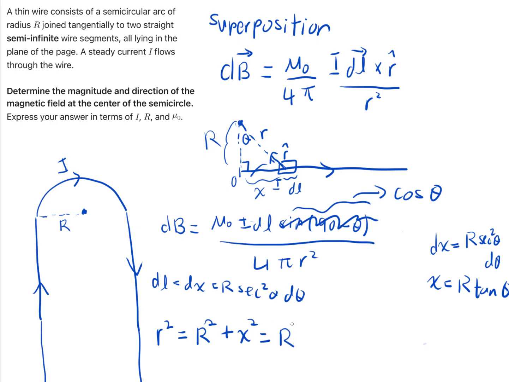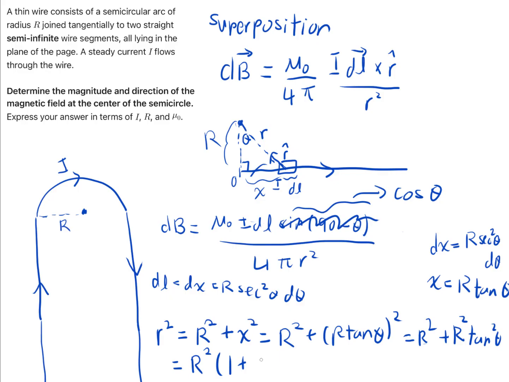So we get big R squared plus R tan theta squared. This becomes R squared plus R squared tangent squared of theta. We can factor out the R squared. So we get R squared times 1 plus tangent squared of theta.